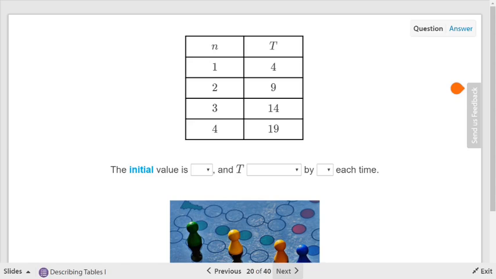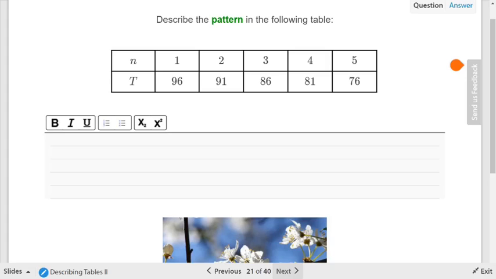So describe the pattern in the following table. What do I mean by describe? What do we need first always? Before increasing or decreasing, we need an initial number, where we're starting, right? You've got to start at the start, don't you? So we're going to start with what number in this case? 96. And then are the numbers getting bigger or smaller?